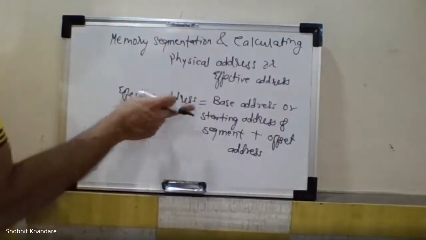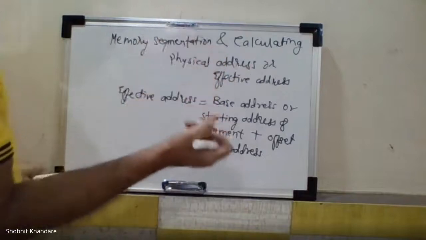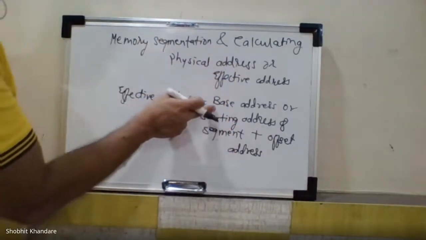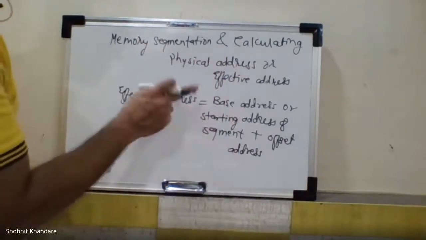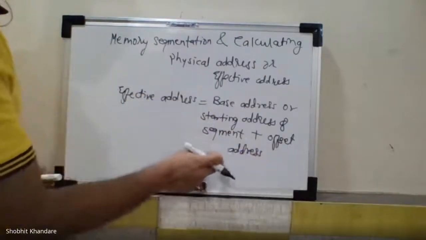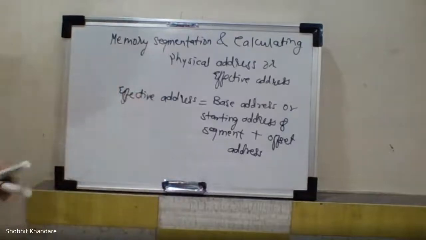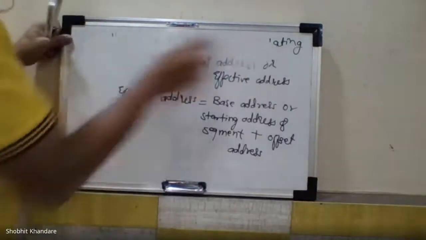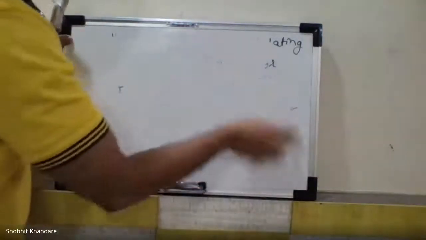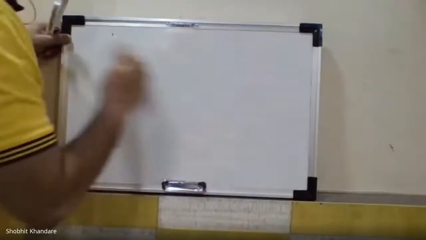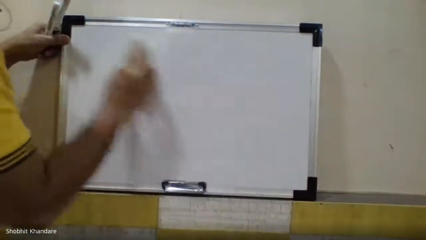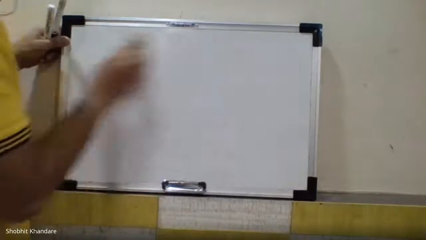To get that location we need two things: the base or starting address, as well as the offset address. Then only will we get the effective address. We'll try to solve this with an example. Please write it down.